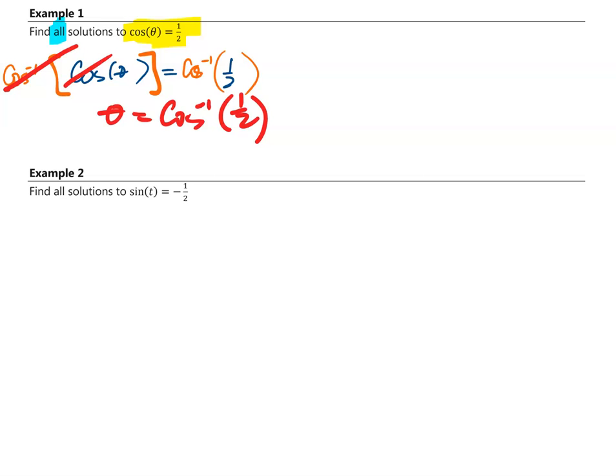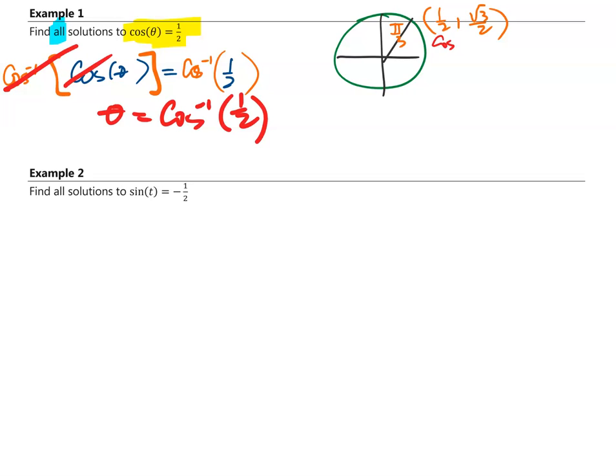All right, let's use our unit circle. So we know that here at pi over 3, the coordinates are 1/2 and square root of 3 over 2, and this is cosine.